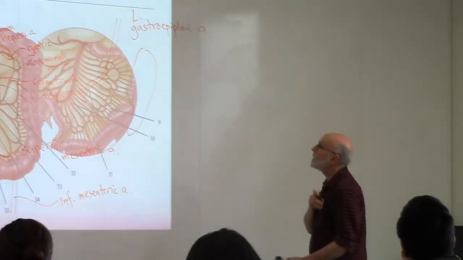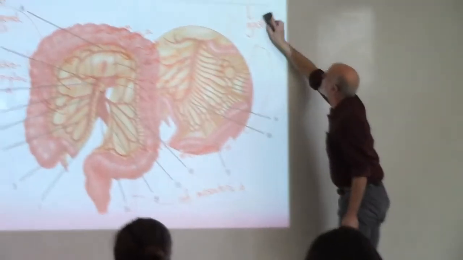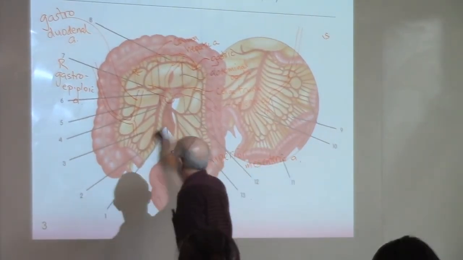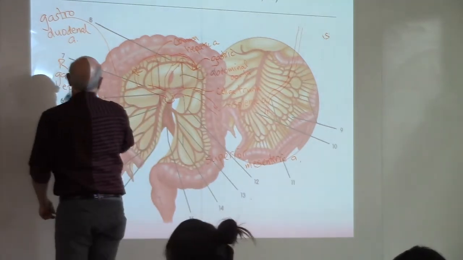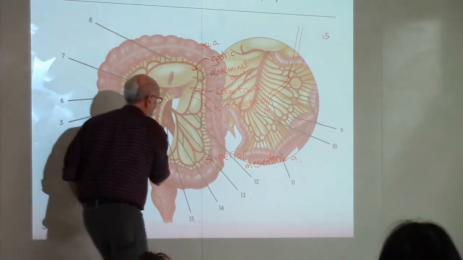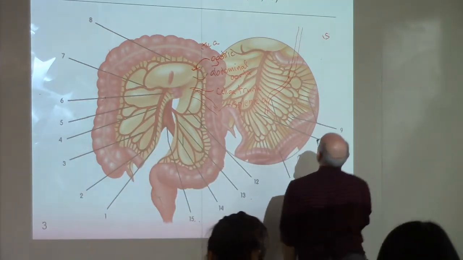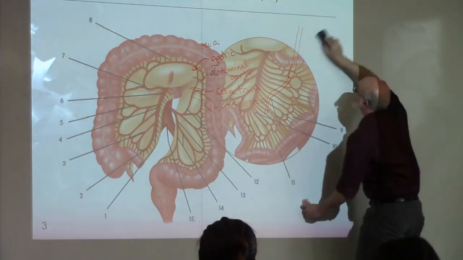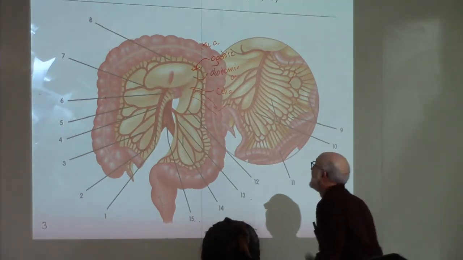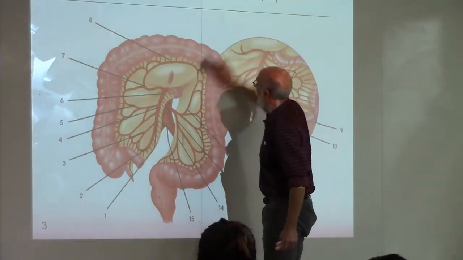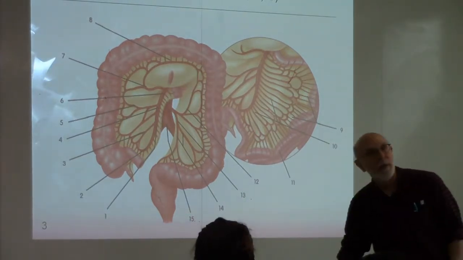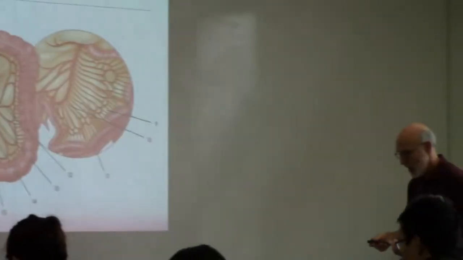Okay, so let's play a game with this slide. So this is now looking at the intestines. It's a different image. And we don't have to know all of them, but we do have to know some of them.